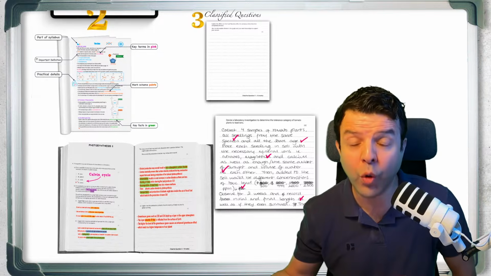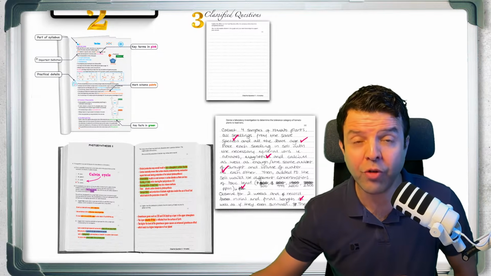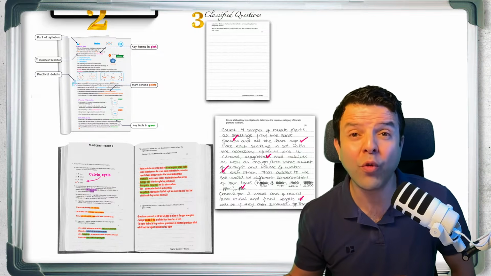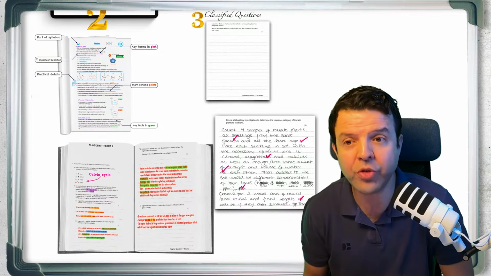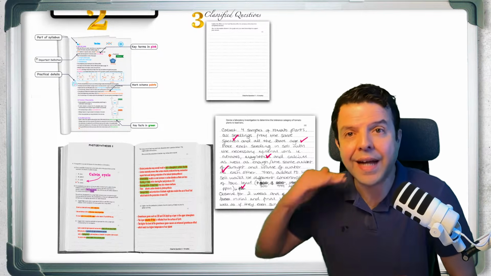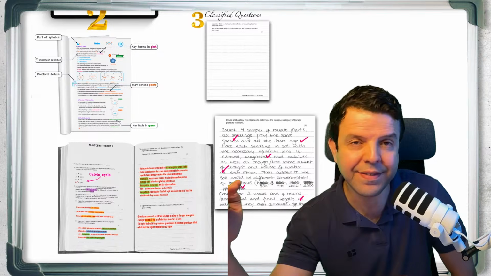That's how you grow. That's how you improve. If you just solve, leave it, or don't go over your mistakes, or don't go over your teacher's remarks on your homework, you're never going to improve. You're just going to be at the same level. You're never going to exceed that 60%.